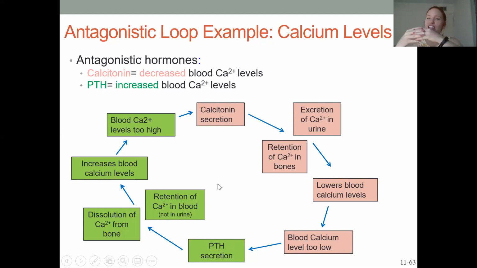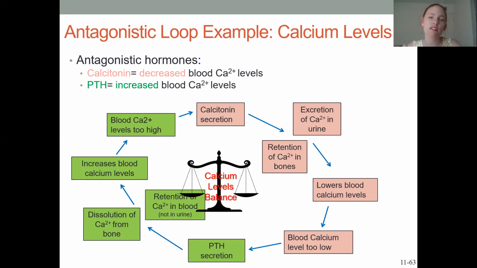Okay, so this is a very dynamic relationship. You're constantly switching back and forth. Calcitonin, parathyroid, calcitonin, parathyroid, kind of pushing and pulling against each other consistently in a dynamic, constantly moving loop. And the net result is that the calcium levels remain consistent. Okay, so that's an antagonistic loop.